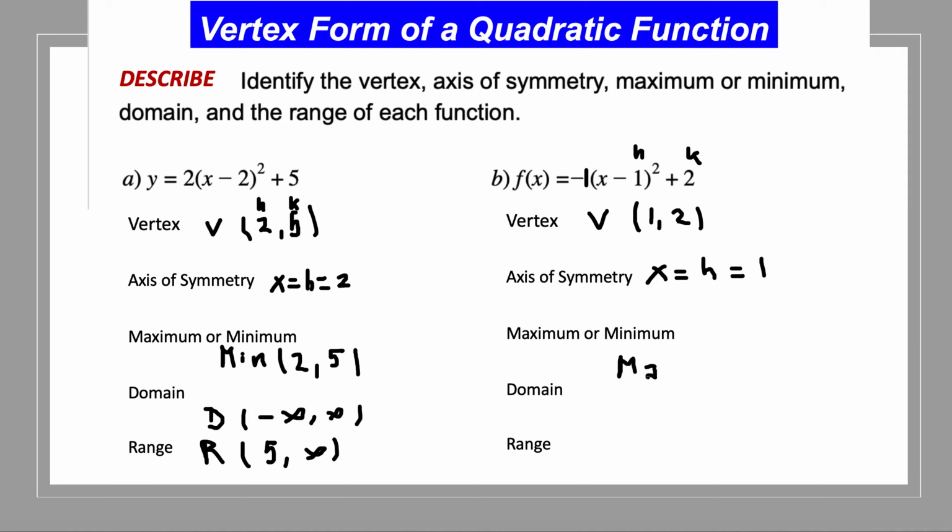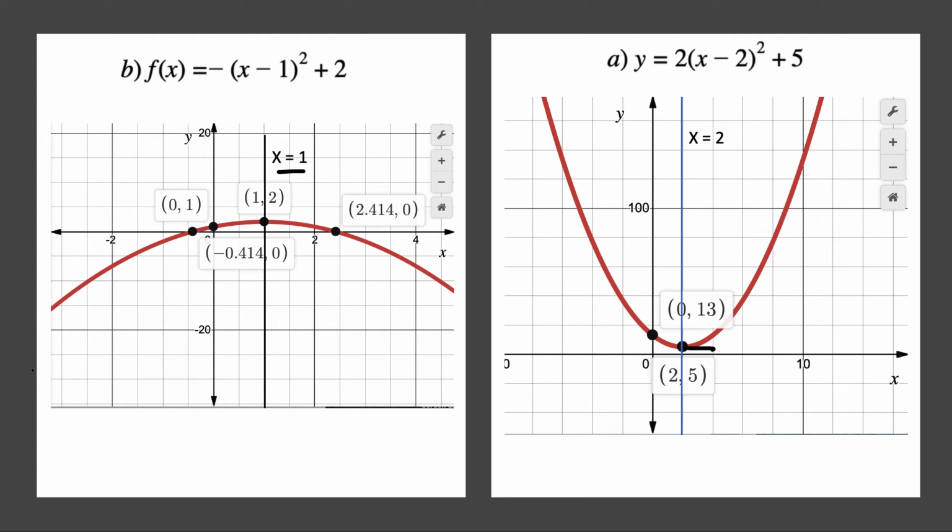And where is the maximum located? Where is the vertex? Let me show the picture. The maximum here is (1, 2). Here is the maximum.